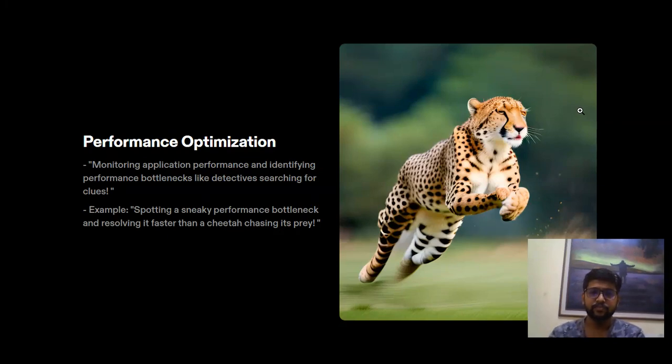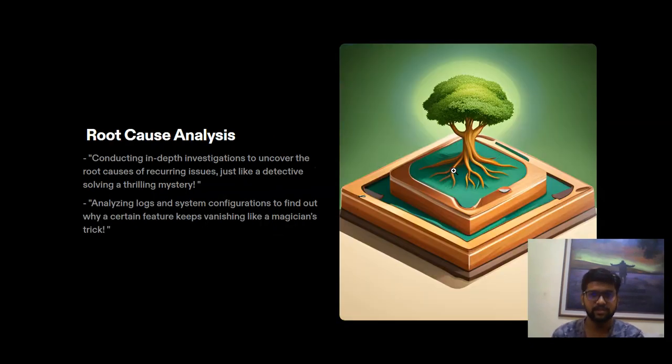As shown, I have added the image of a cheetah. Just like a cheetah, your application has to run fast. So monitoring application performance is also one of the duties of the support engineer.